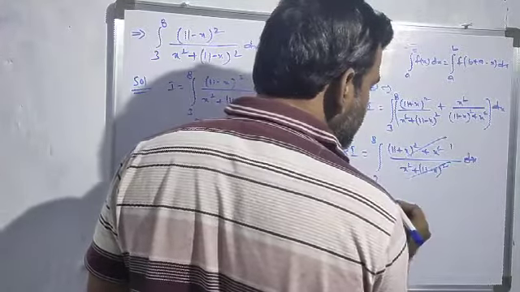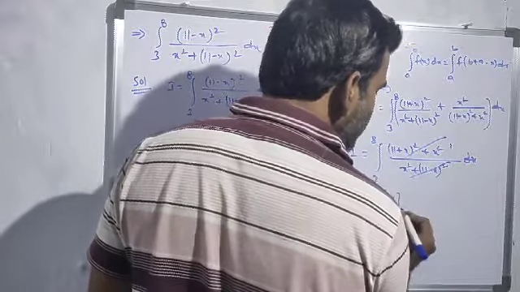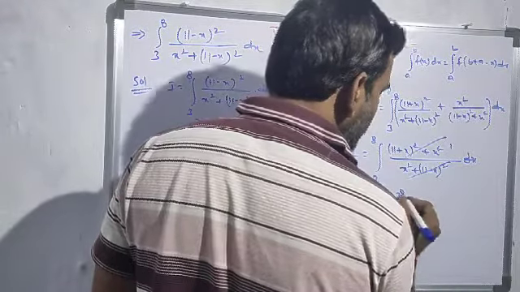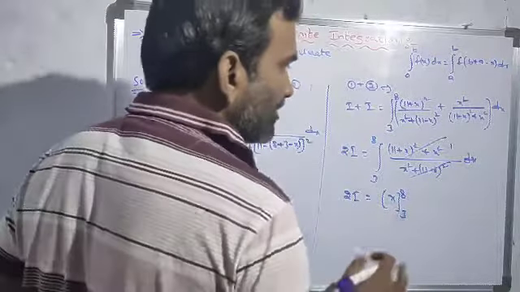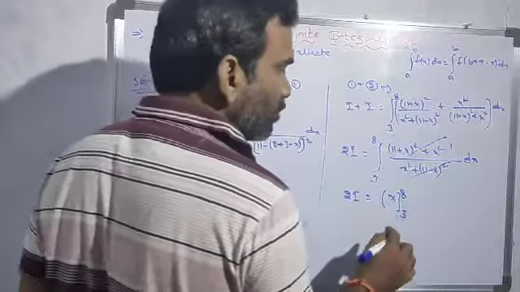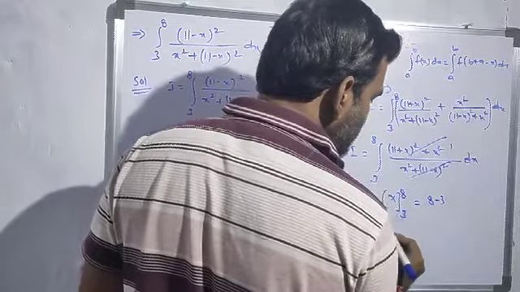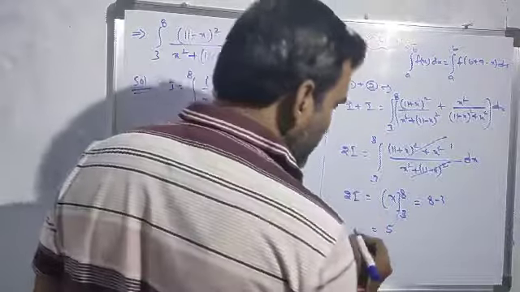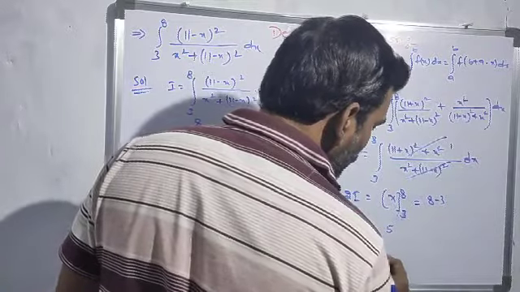Integration of 1 dx is x, from 3 to 8. So 2I equals 8 minus 3, which is 5. So 2I equals 5, I equals 5 by 2.